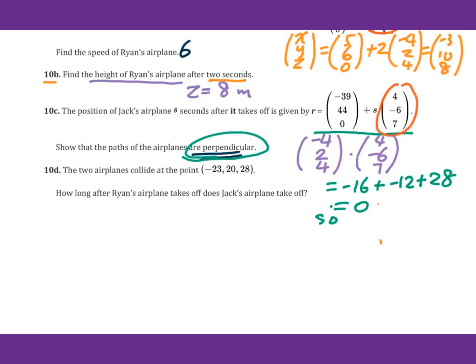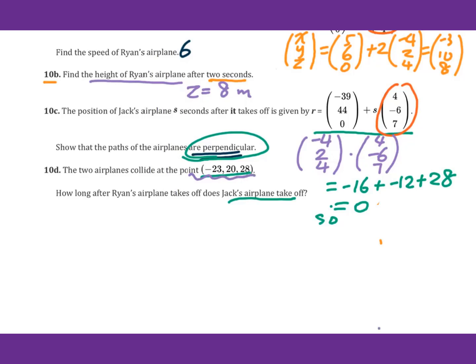For 10d, the two airplanes collide at this point. How long after Ryan's airplane takes off does Jack's airplane take off? According to the given information, this point is on both lines.